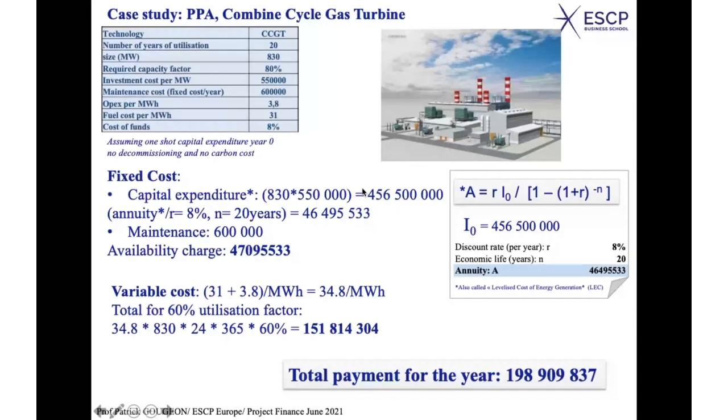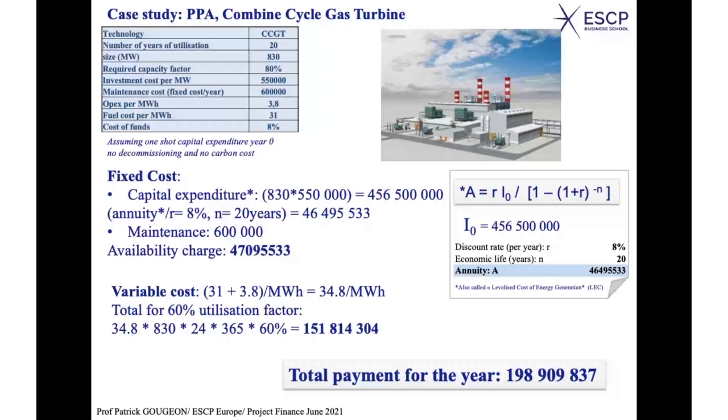So if you are able to reduce this cost of funds, for instance, if you can benefit from guarantees from the World Bank or from coverage from ECAs, export credit agencies, or if the state can provide guarantees so that the risk would be lower for the project, so that equity holders normally should be less demanding, then you might reduce this 8% and move it down to 6%.